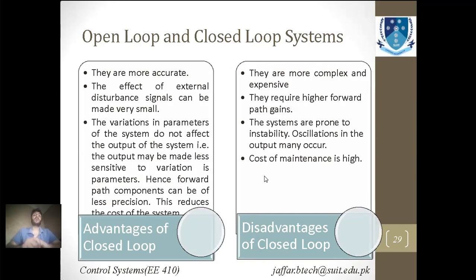Closed loop systems are also complex in nature, because you have to take several things into account before giving to the controller.